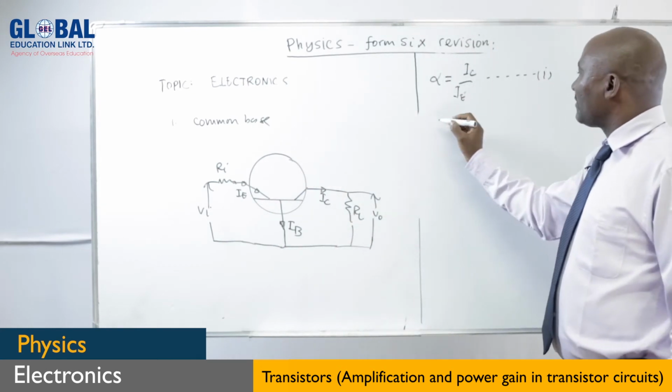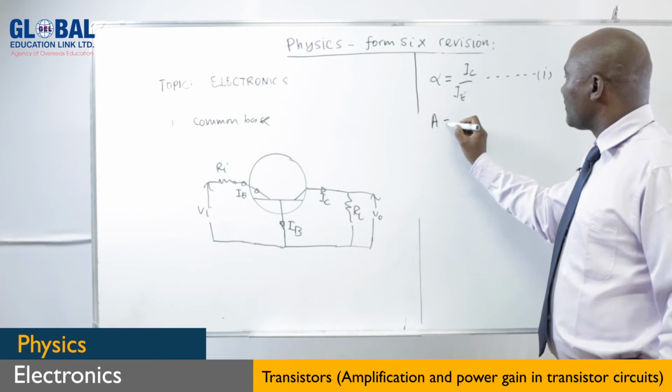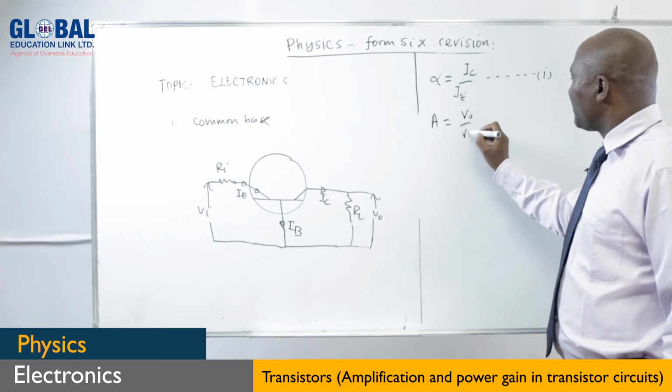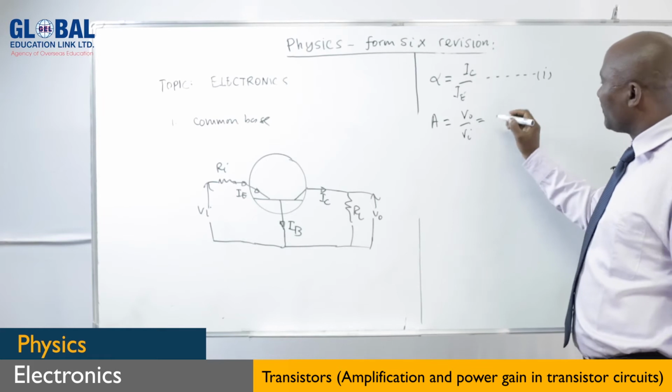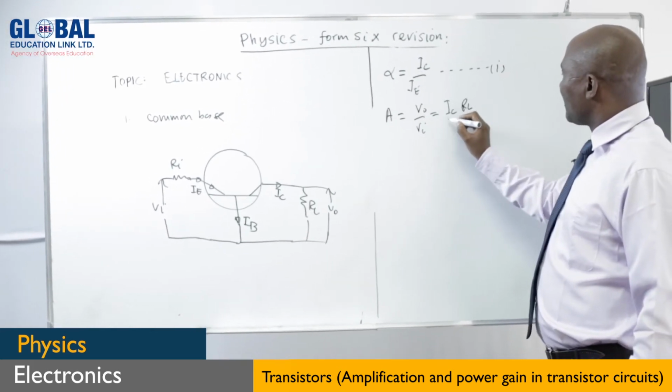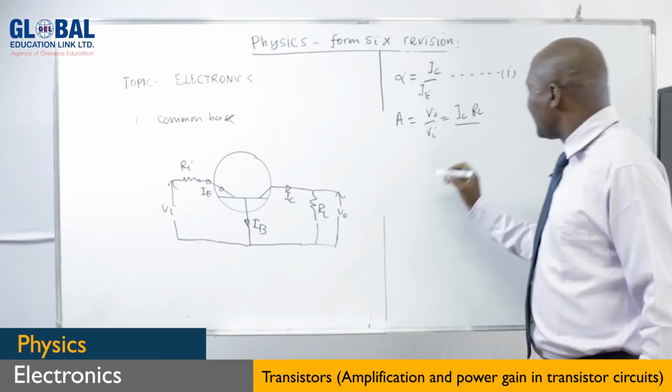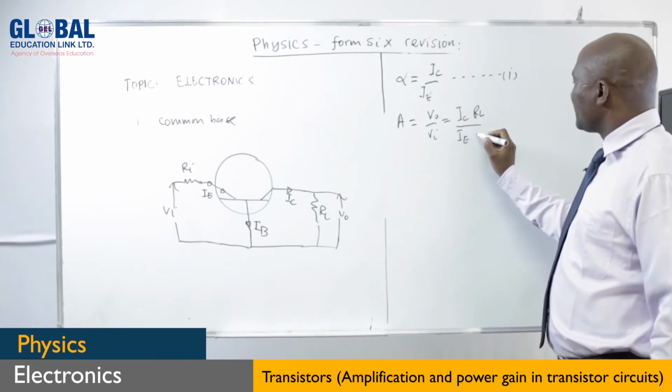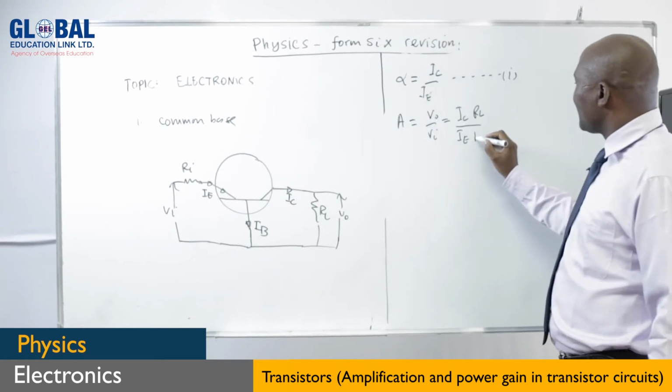From there you can talk of the voltage gain, which equals the output voltage over the input voltage. So on top, the output is the current here times the resistance there, over the input current here, which is IE times the resistance RI.